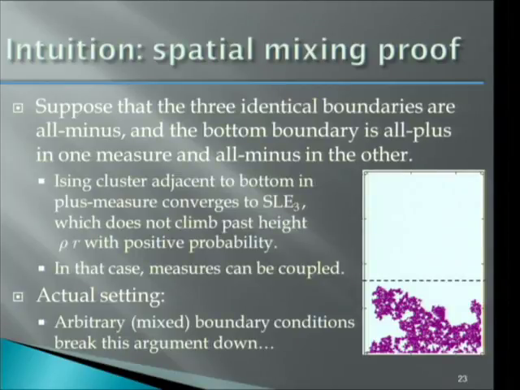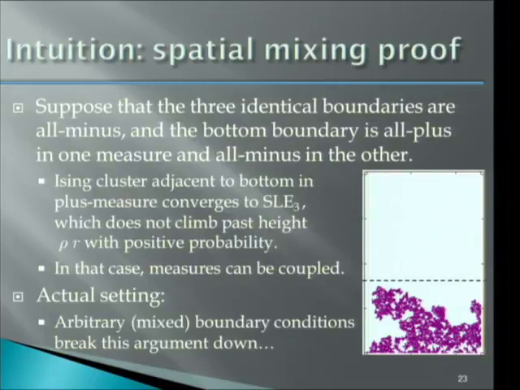So no matter where I choose a line that's linearly high, at 1/3, at 1/4, at 1/10, with some positive probability this Brownian motion will not exceed this line. So with positive probability, the plus component of the plus instance will not exceed this line, but it majorizes the minus component.